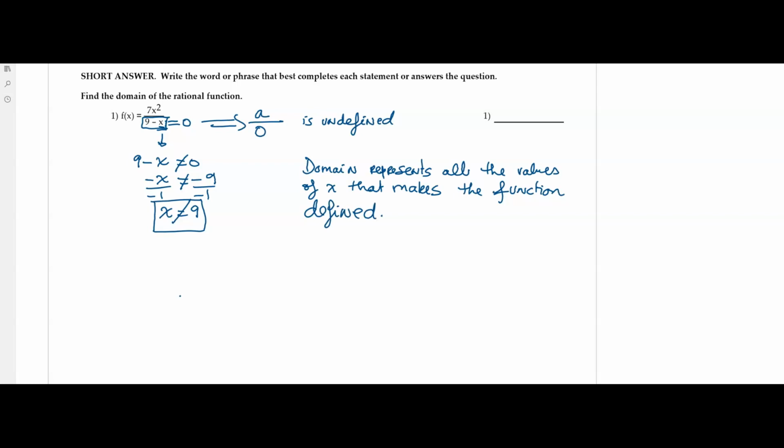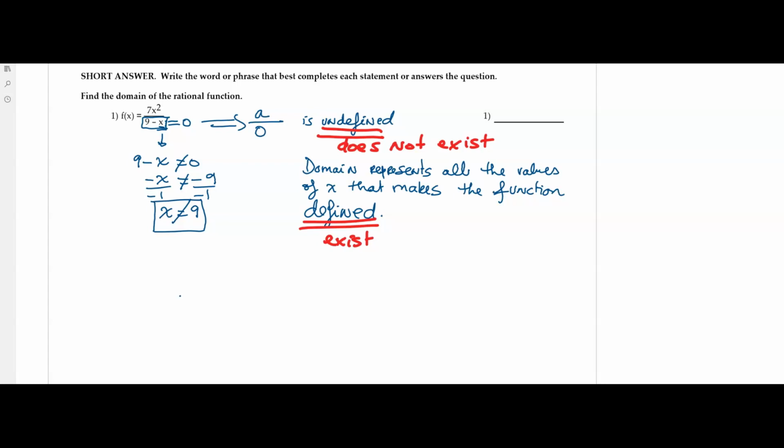Okay, so here we have undefined, which means does not exist. And obviously, we have defined, that means exist. Okay, so that's the difference between those two.